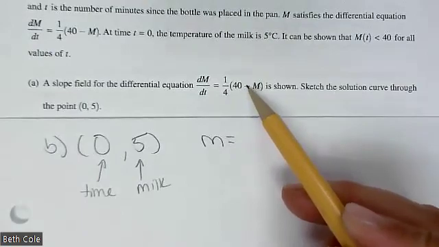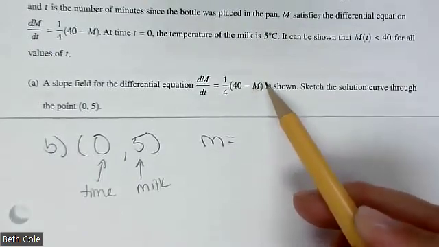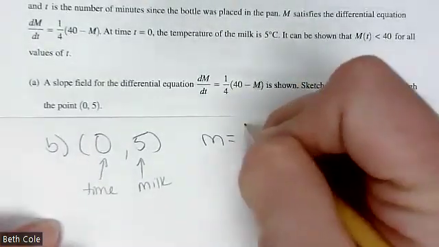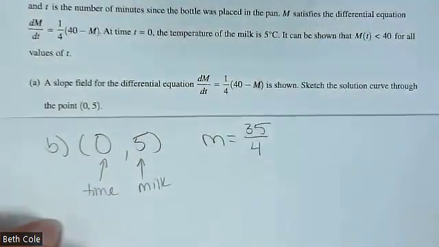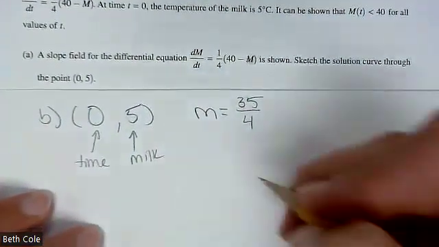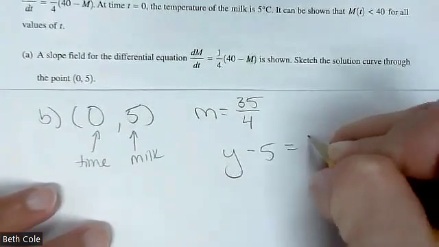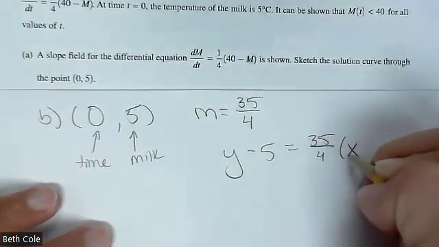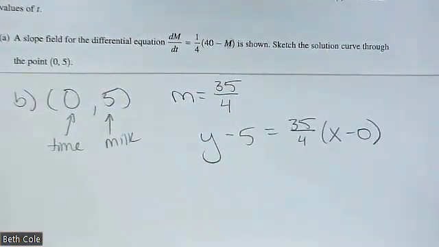All right. So here we go. 40 minus 5, 35 times a fourth. So 35 fourths. I only got 1 minute left. So let's put this together. It would look like that. I'm going to go ahead and assume you guys could do that. And after I get this answer, I'm going to tell you what the points were. So hold on a second. What did we want to plug in? 2.